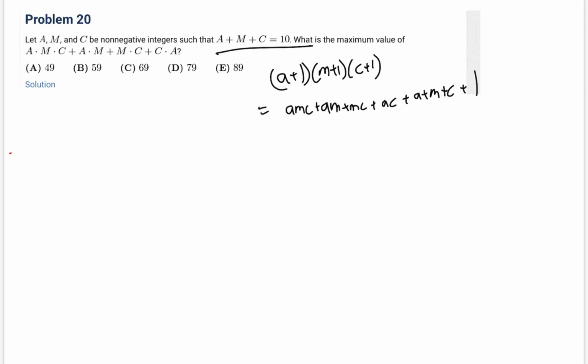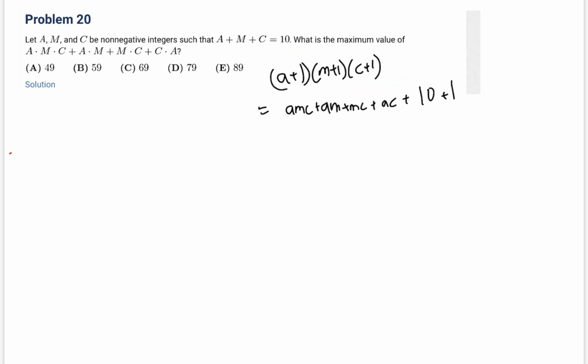But a plus m plus c is 10, so we can swap this out for a 10, and then we have the plus 1 added here, and then we want this, right?